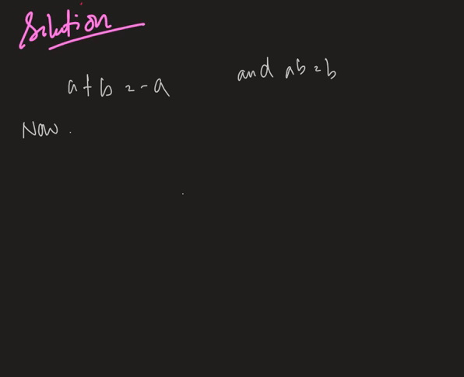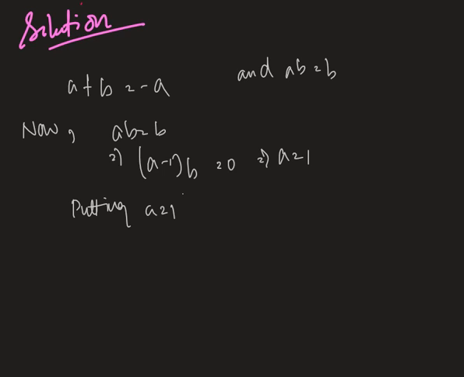Now ab is equal to b, so this implies (a minus 1)b is equal to 0, and this implies a equals 1. Putting the value a equals 1, we get b equals minus 2.